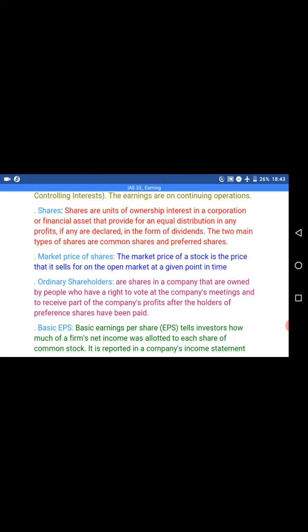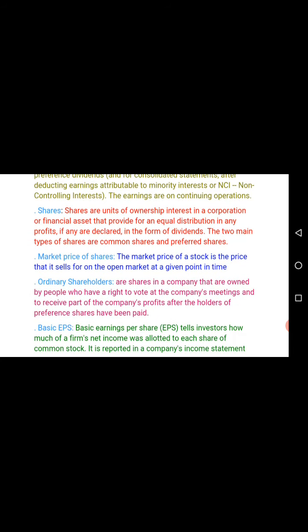It says ordinary shareholders. We'll have the definition of them to save our time. It says ordinary shares are shares in a company that are owned by people who have a right to vote at the company's meetings and receive part of the company's profits after the holders of preference shares have been paid.